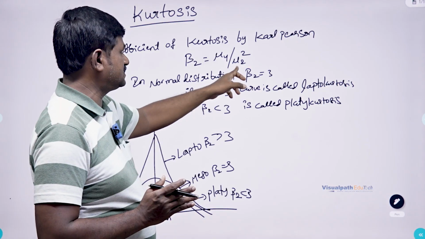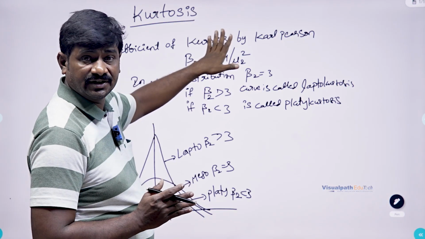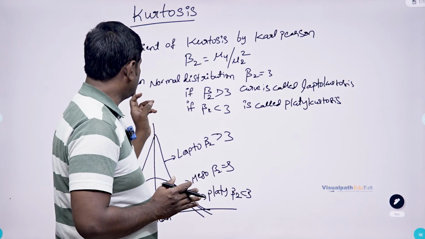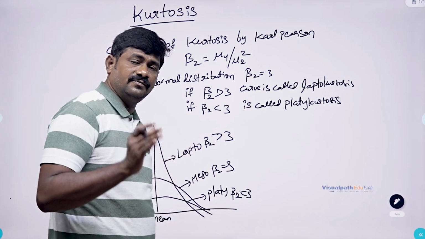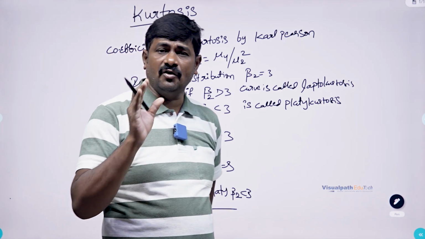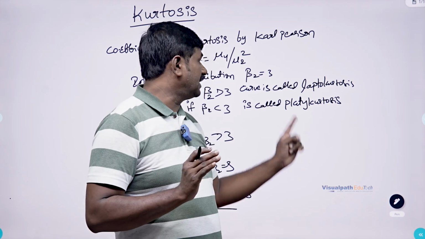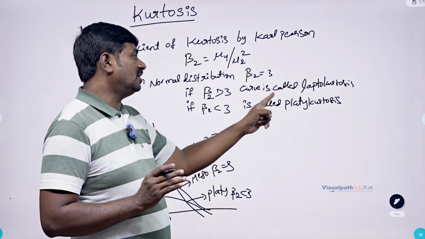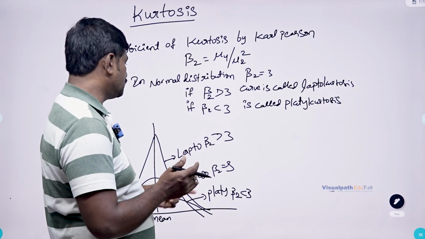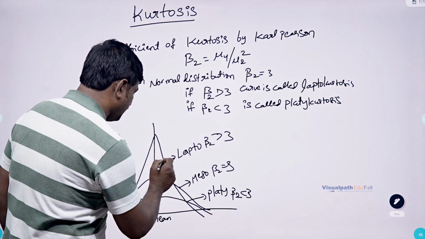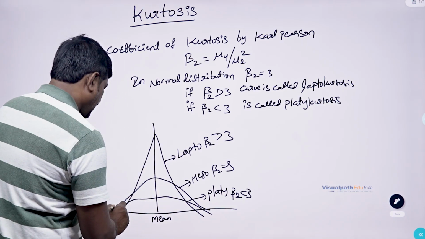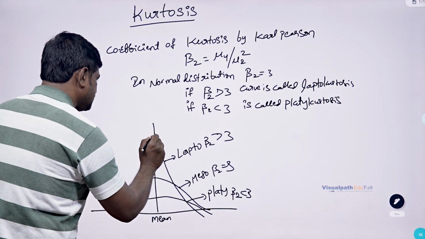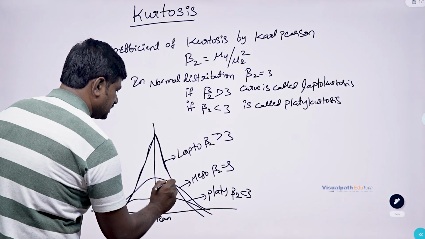If the frequency distribution follows the normal distribution, we get beta 2 equals 3. If beta 2 is more than 3, the curve is called leptokurtosis. Leptokurtosis means, as we can see in the graphical presentation, the curve has the highest mode.